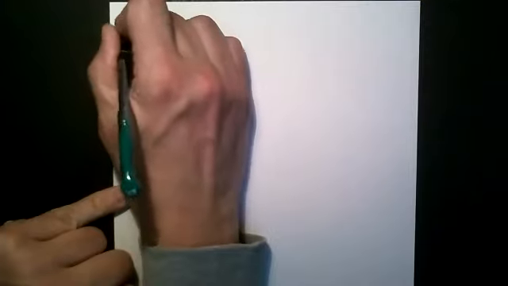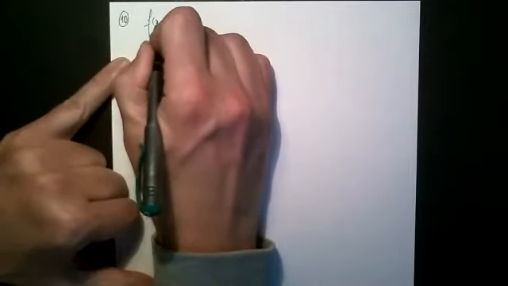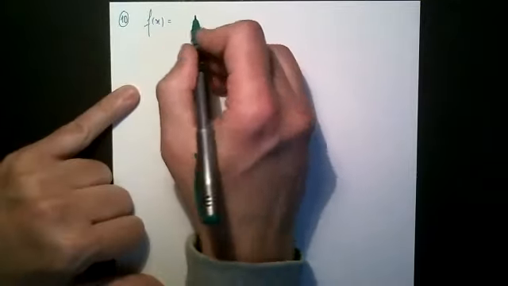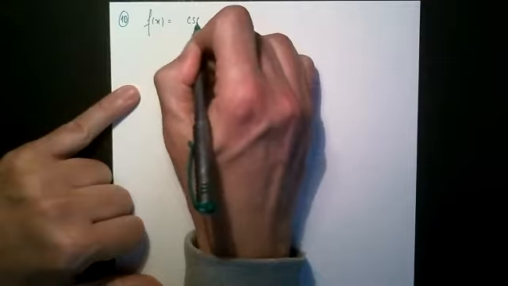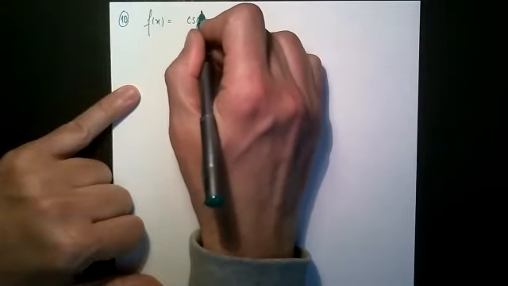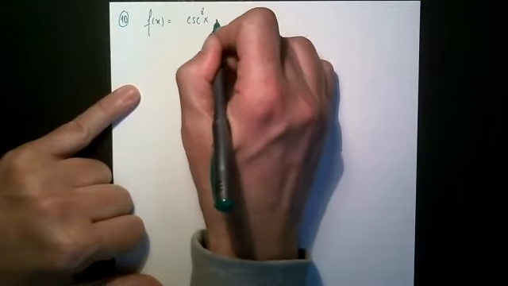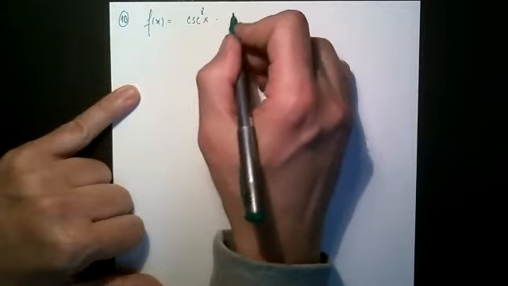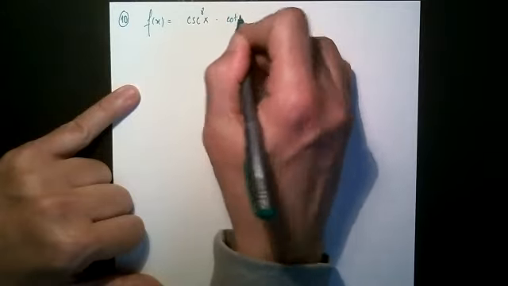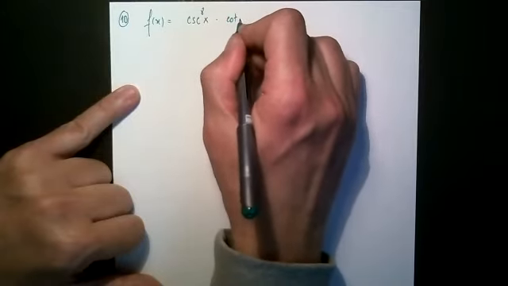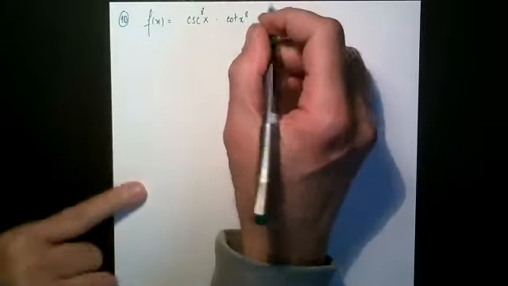Okay, so number 10. Let's say f of x is equal to cosecant^8 of x times cotangent of x^8.